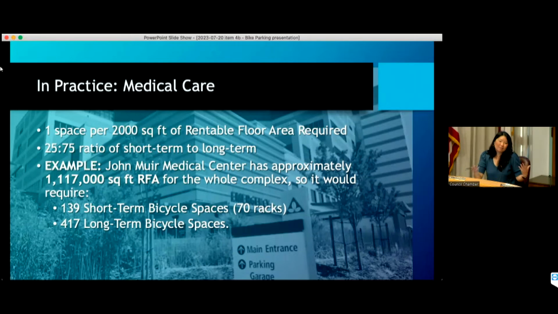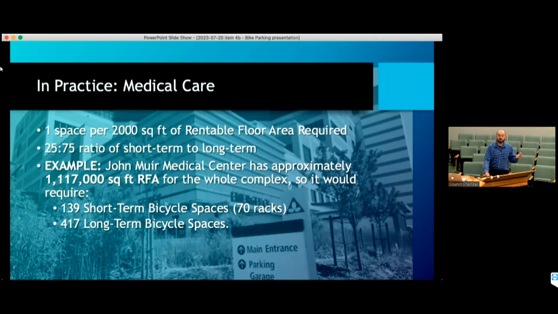So the intent was to find a good balance. We surveyed a lot of really bike progressive cities like Davis and San Luis Obispo, and then we calculated out what ours would be by square footage. In some cases, we split the difference. In some cases, we kind of hedged. Like with schools, we really wanted to lead from the front there. That's a very progressive standard.